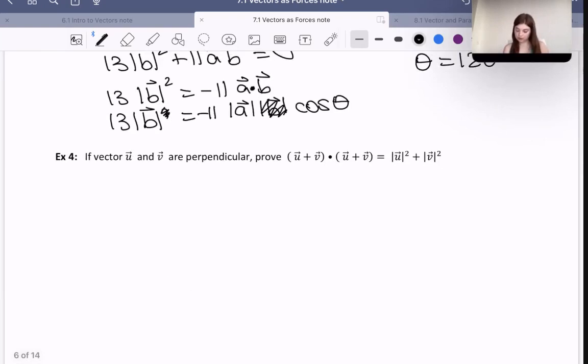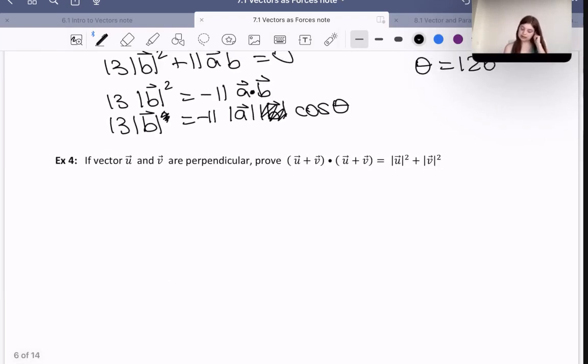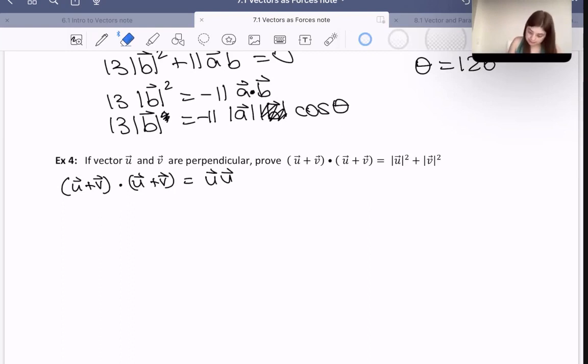Let's do another one here. It says if vectors u and v are perpendicular, prove that this is true. Well, what do we know already? We already know that vector u plus v dot vector u plus v is equal to u squared plus uv plus uv plus v squared, right?